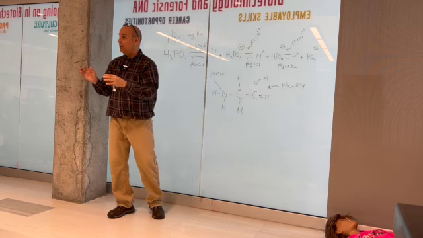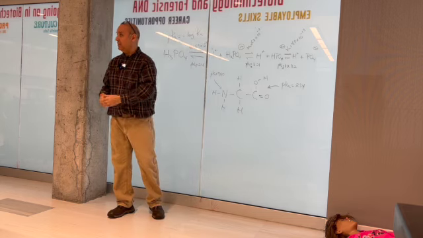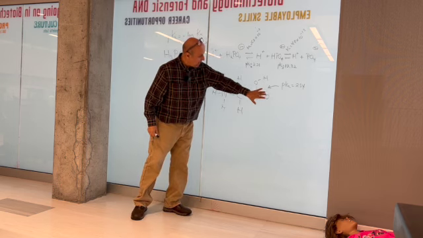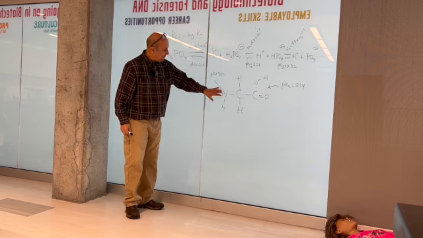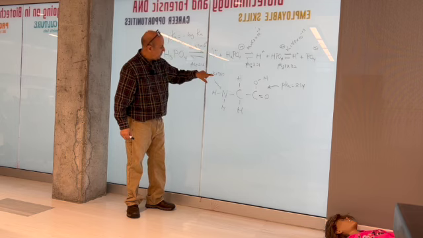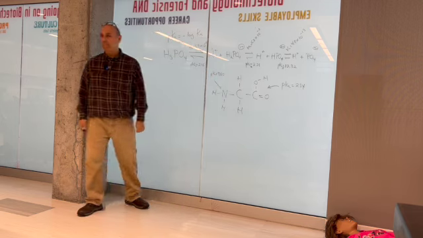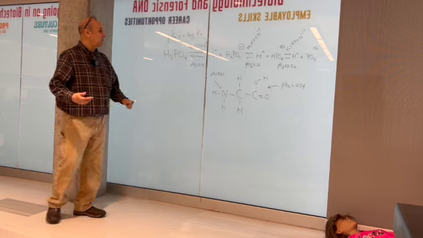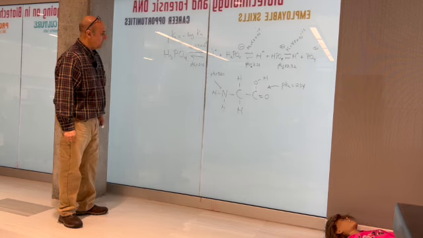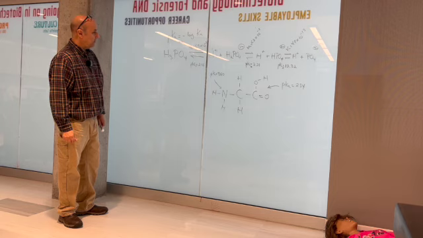Two different equilibria taking place at the same time. One is here, and then there's a different action over here. So let's take a look at what happens here at a pH of 7. We can actually isolate that and then just look at that as an acid-base equilibrium.